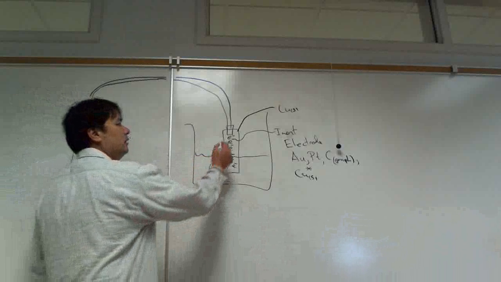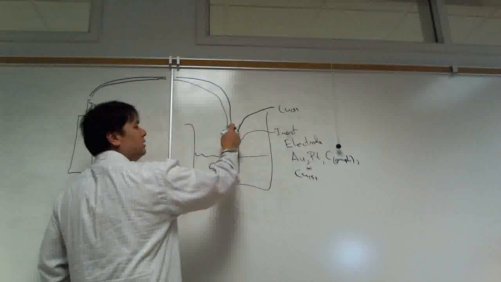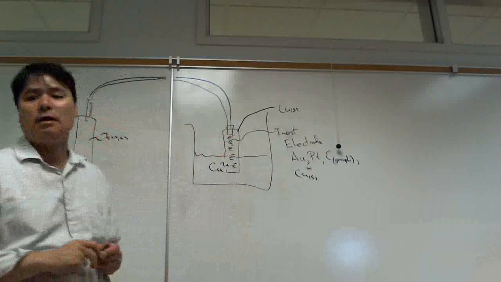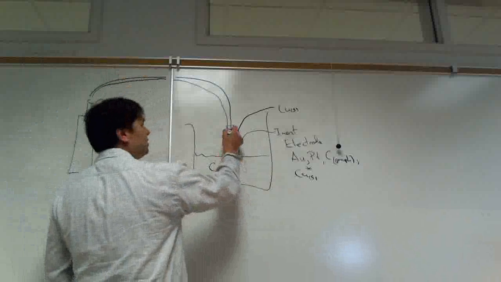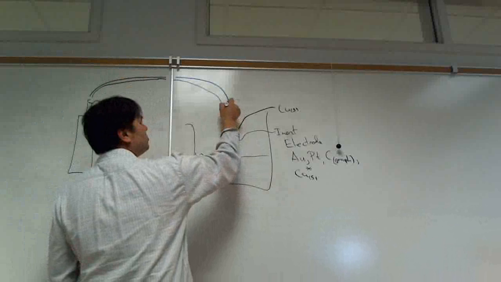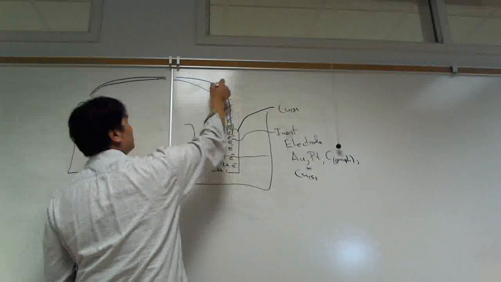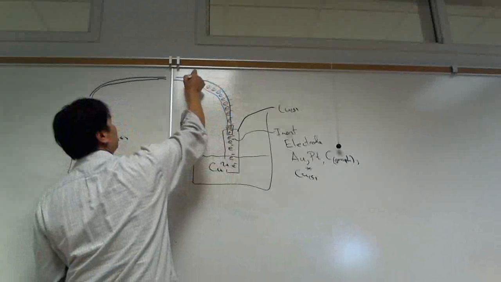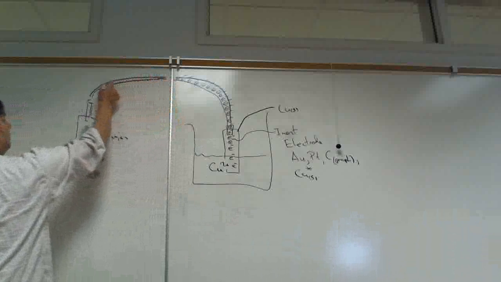And then attached to this electrode will be our steel alligator clip. And that conducts electricity, so we're going to have a chain of electrons. And then this wire is made out of copper. And so we have this long chain of electrons that eventually ends at zinc over here.